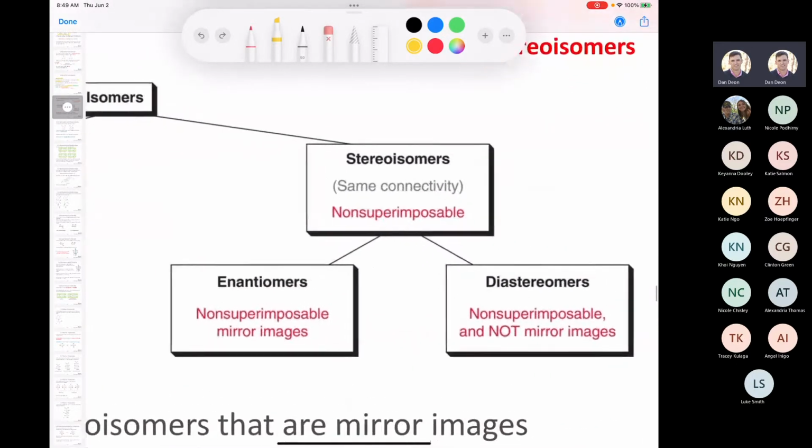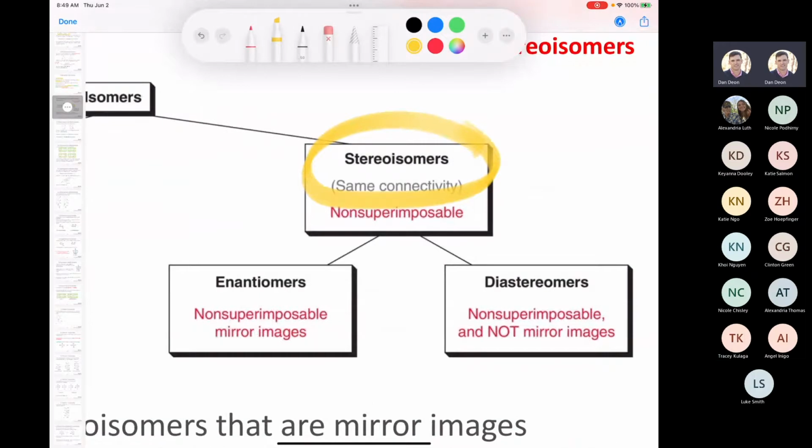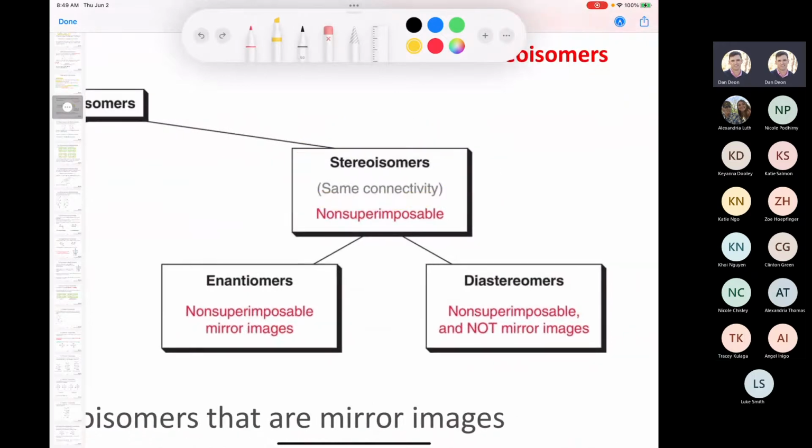And then the real focus of this chapter is stereoisomers, obviously. We said that stereoisomers are compounds that are non-superimposable. We started out using the example of two human hands. Then we used the example of the pair of John Lennon glasses with the lens poked out, and then its mirror image. We said those are non-superimposable, but they're mirror images.